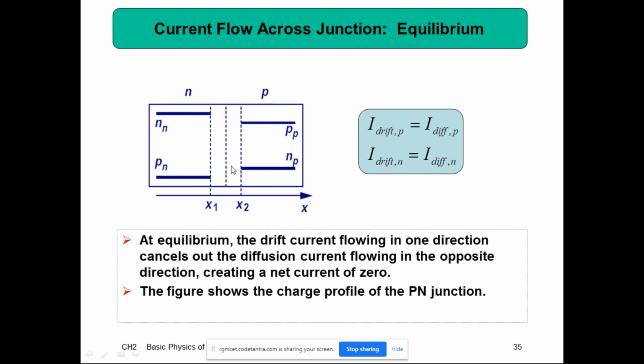Before formation of a junction, these are the concentrations: electron concentration in n-type, majority carriers, Nn, whereas hole concentration in n-type, minority. That's why the level is very low. Similarly, coming to the P side, holes are the majority carriers, Pp, electrons are the minority carriers, n suffix p, right?